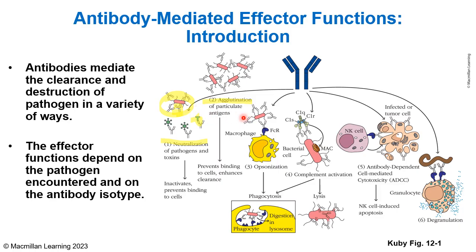Oh yeah, but you don't just want to neutralize it, you want other cells to go there and eat the pathogen. One piece of the antibody, called your constant region, can interact with the receptors of phagocytes and do the same type of work that your C3b did with CR1.